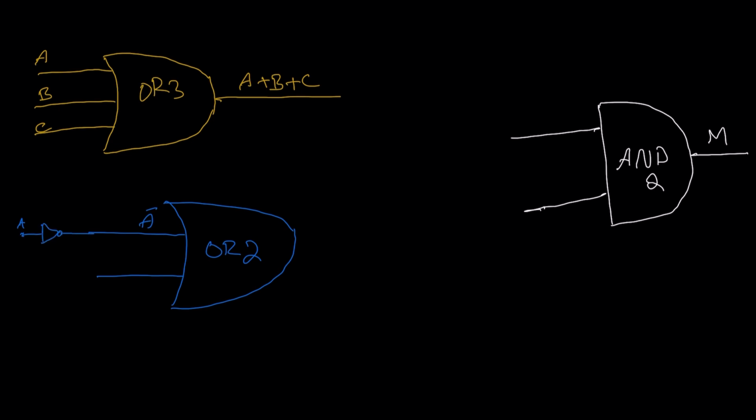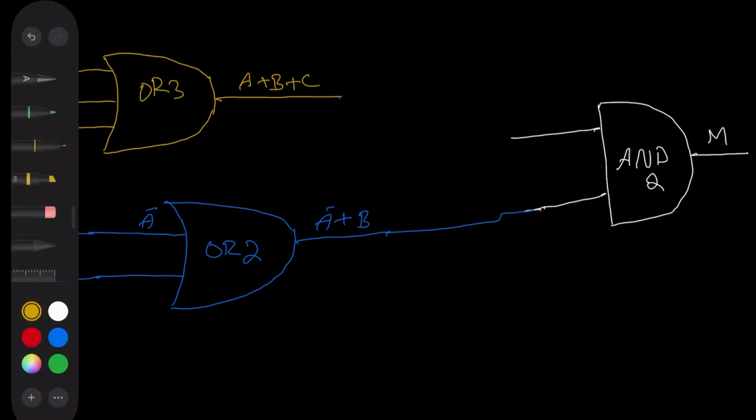So it was A, using the inverter made it A naught, and the second input is B. So the output for that OR gate will be A naught ORed with B. Okay, so now we can connect these to the input part of that AND gate, and that will complete my logic circuit.